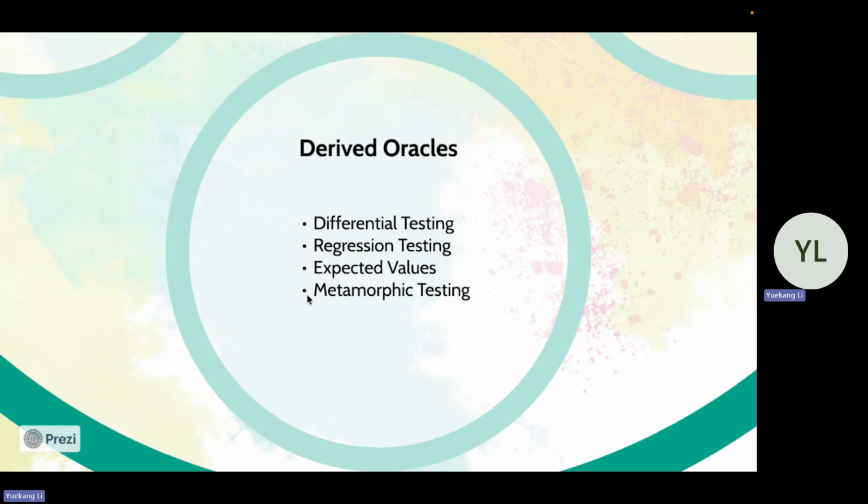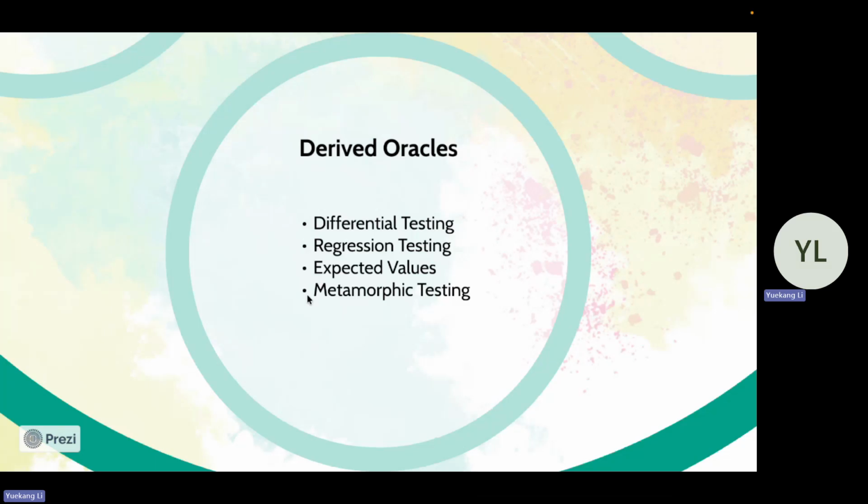Lastly, there's one more advanced technique called metamorphic testing to derive test oracles. Metamorphic testing is about identifying the metamorphic relation, right? Because sometimes it's very hard to automatically generate the expected value.